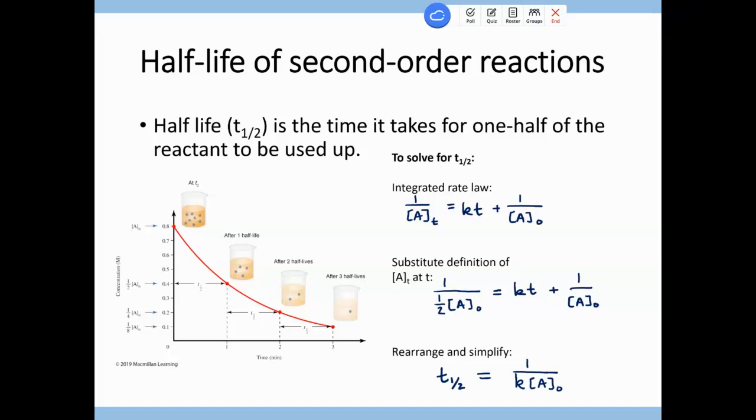So let's write that in here. If k is increased, half-life will decrease. Increase initial concentration, half-life will decrease. They're inversely proportional.